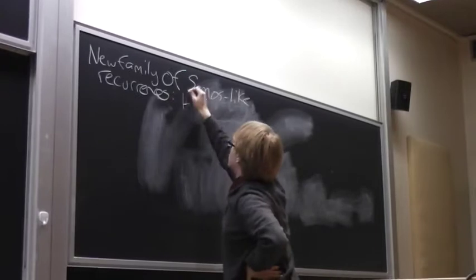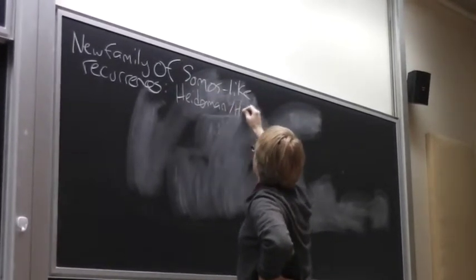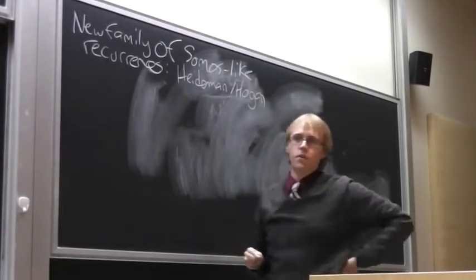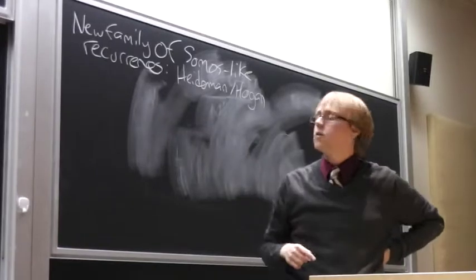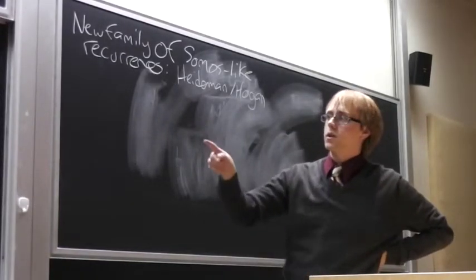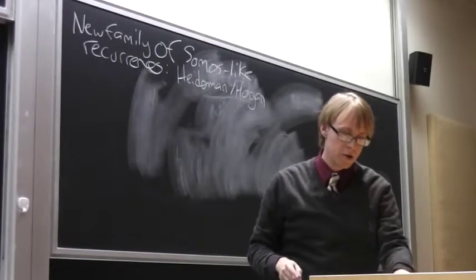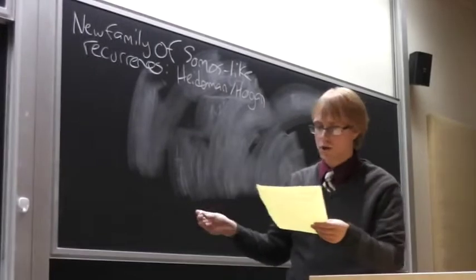And this is due to Heidemann and Hogan. And so this is Rutgers' very own Emily Hogan, who just graduated here just over a year ago. And so they came up with new recurrences that are going to mix together linear and quadratic terms.